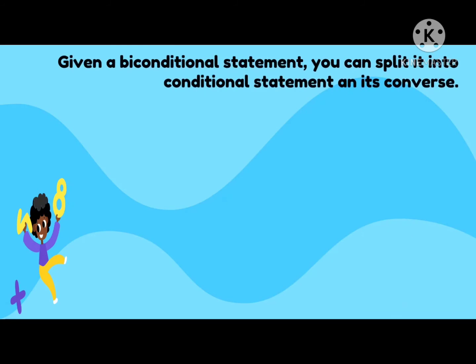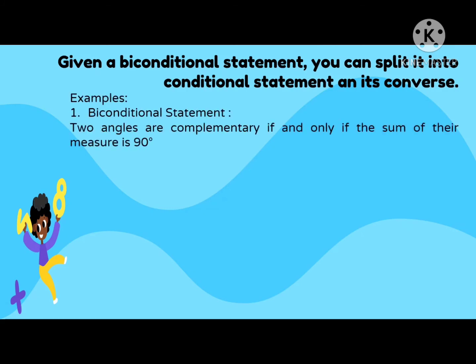So, given a biconditional statement, you can split it into a conditional statement and its converse. So, meron tayong biconditional statement. Paano natin malalaman? Kapag may if and only if. Gagawin naman natin siyang conditional statement at saka converse. So, number 1, example in biconditional statements: two angles are complementary if and only if the sum of their measure is 90 degrees.